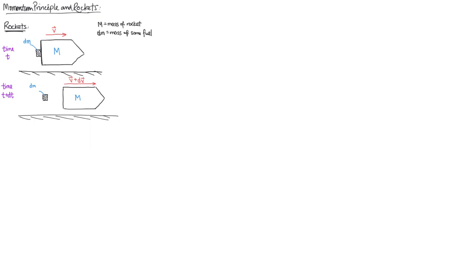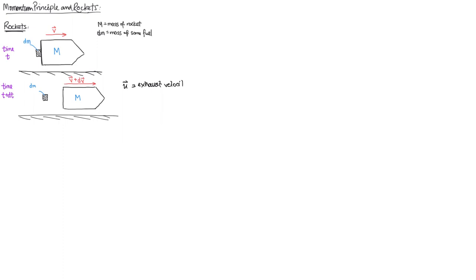And what about this rocket fuel? What is its velocity relative to the ground? Well, usually what we can know about a rocket, a parameter of how good a rocket is or how much thrust it can produce, is the exhaust velocity, we'll call it u, relative to the rocket. So imagine pinning down a rocket on the ground, fixing it, and shooting out the fuel and measuring the exhaust velocity.